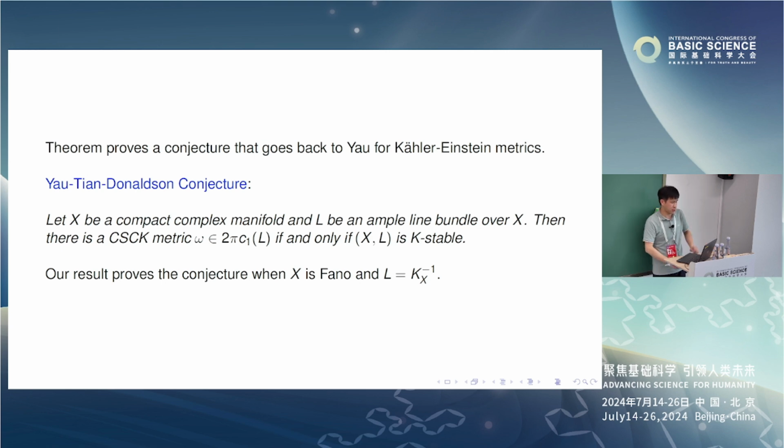If you take a compact complex manifold, not necessarily with definite first Chern class, and just take an ample line bundle over the manifold, then for this generalization of Kahler-Einstein to cscK metrics, the existence of a cscK metric is equivalent to the K-stability of this pair, a manifold together with an ample line bundle. So our result proves the conjecture when X is Fano and the line bundle is anti-canonical. In general, this conjecture is still not known.